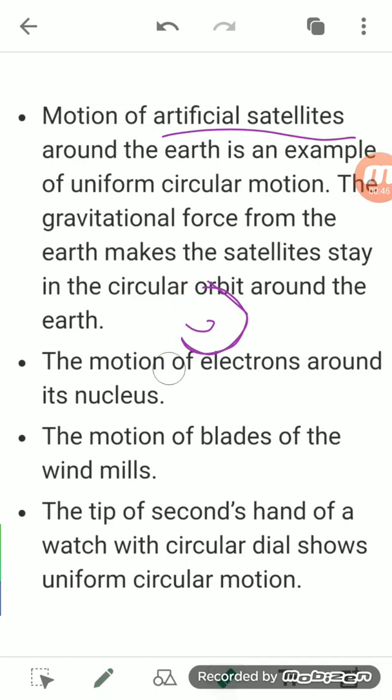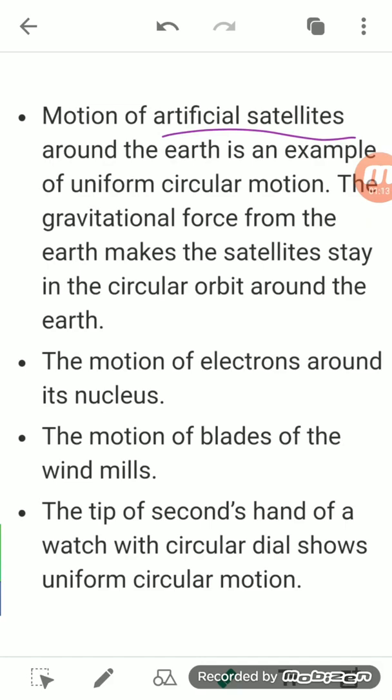So speed is constant, but velocity is not constant at all, because the direction of the motion of the satellite is continuously changing. So we can say that the motion of the satellite around the earth is accelerated.